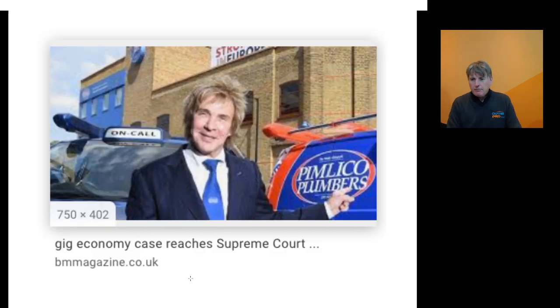So Charlie Mullins owns a business called Pimlico Plumbers, and they are notoriously expensive London plumbers. He's in the rich list. I think he has a supposed worth of £100 million.